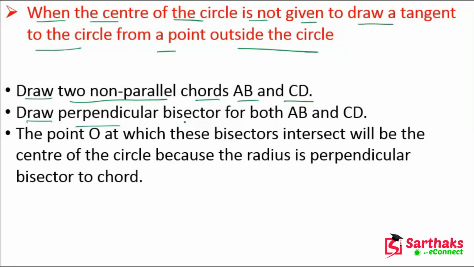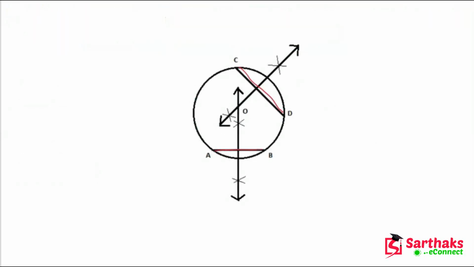Next, draw the perpendicular bisector for both AB and CD, and we know very well how to draw the perpendicular bisector of these lines. We draw the perpendicular bisector of AB, which will give this line, and the perpendicular bisector of CD, which will give this line.